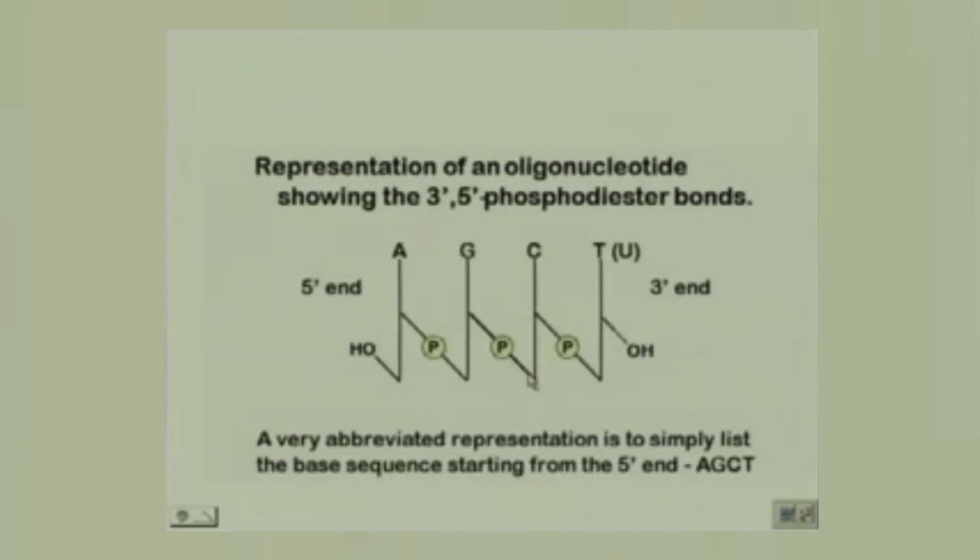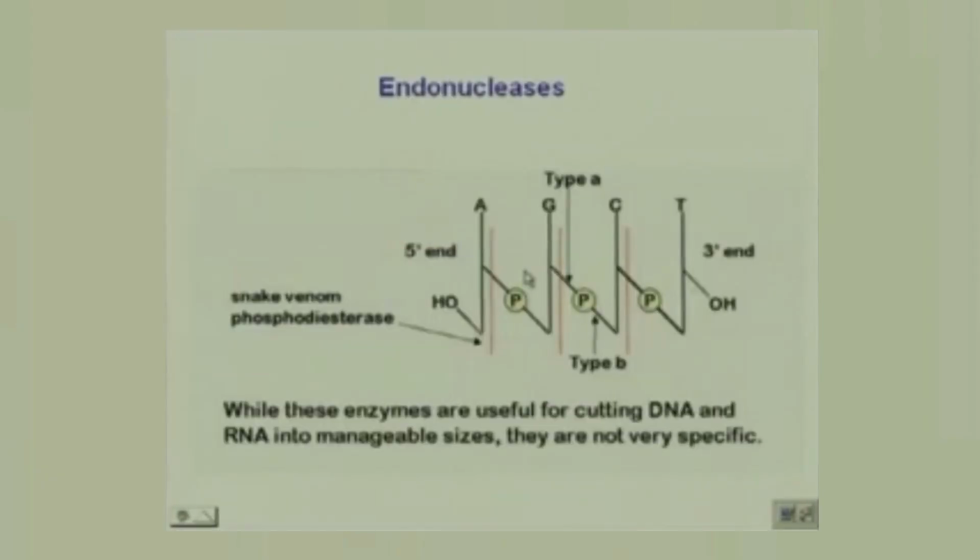What is this? Of C. Right? So if we now look at the cleavages, if the cleavage is here, it is cleaving at the 5' end, so it is type B. If it is cleaving here where the red dotted lines are, it is cleaving at the 3' end.